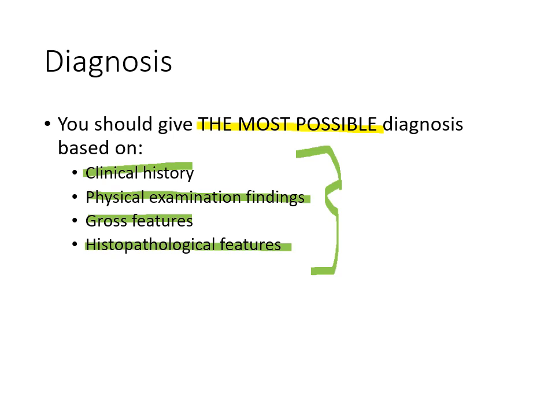So this is how the examiner tests your knowledge on how you tie everything up: how do you tie the clinical history, physical examination, gross and also histopathological features to arrive at the diagnosis. So this is how we test your knowledge.